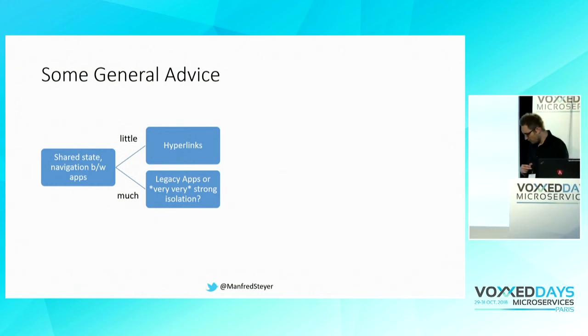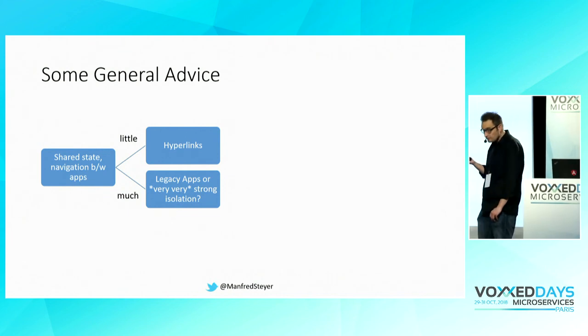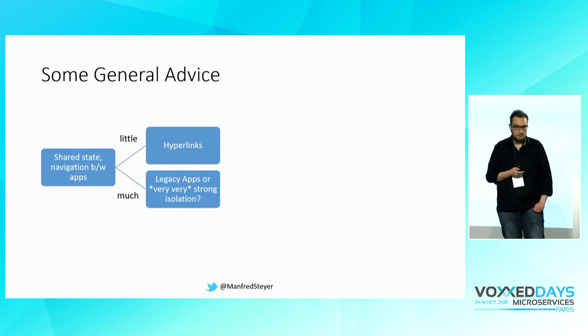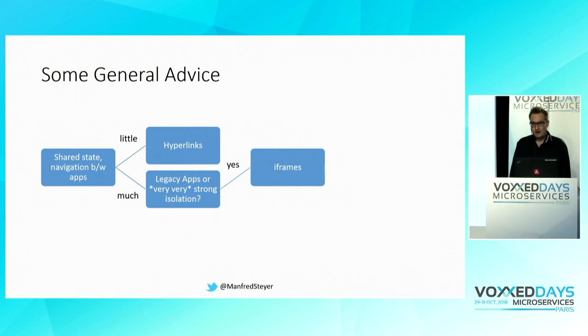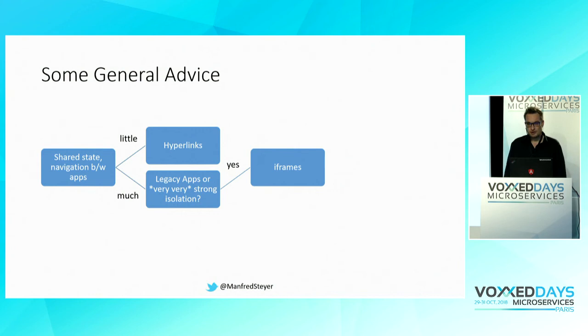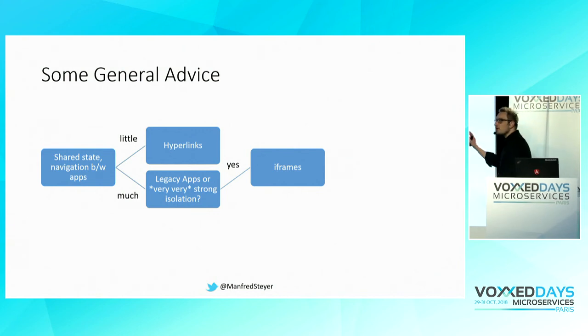For instance, because you want to integrate third-party vendor apps. In this case, consider iframes. Iframes are a valid solution here, and I'm seeing this solution a lot out in the field.